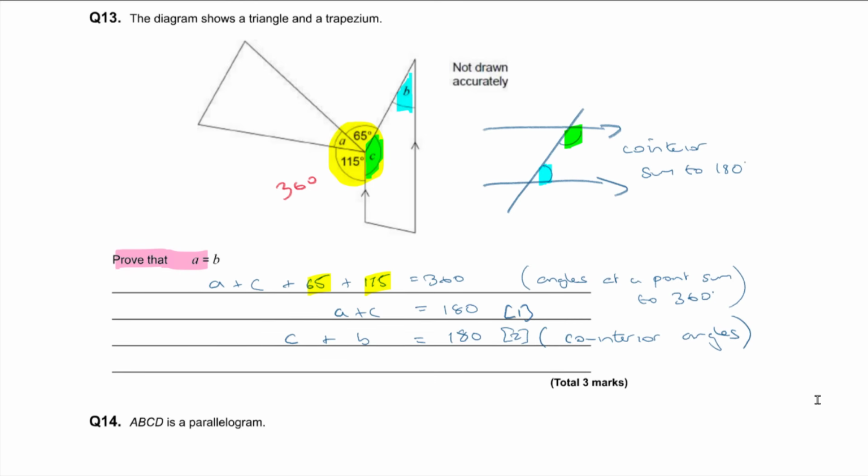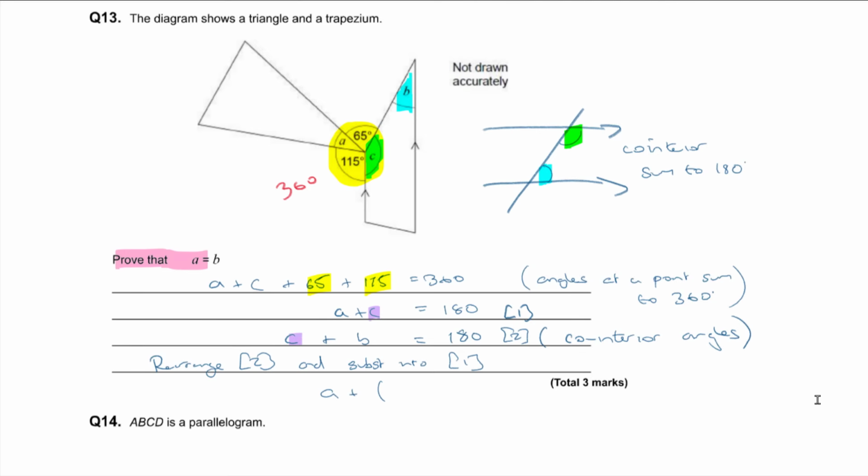So I want to get an equation in A and B. And can you see that I've got C in both of these? So I'm going to rearrange equation 2 and substitute into equation 1. Well, C is 180 minus B, isn't it?